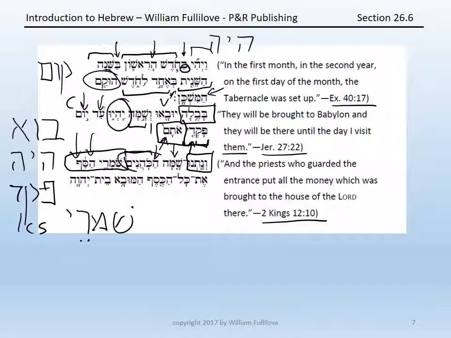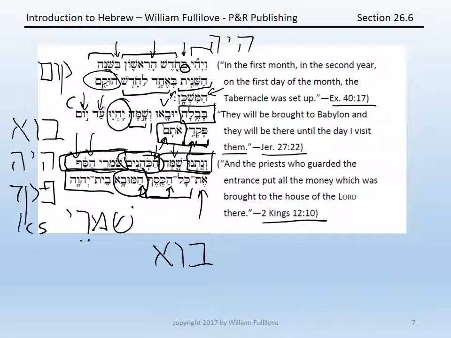So the priests who guard the entrance put there, and now et marks the definite direct object, which is a construct phrase, all of the money, and then the participle hamuva, a hofal participle, masculine singular, of bo. So all the money which was brought. Notice that the participle modifying money therefore matches it in both of them having a definite article. And then brought where? Beit Adonai, to the house of the Lord.